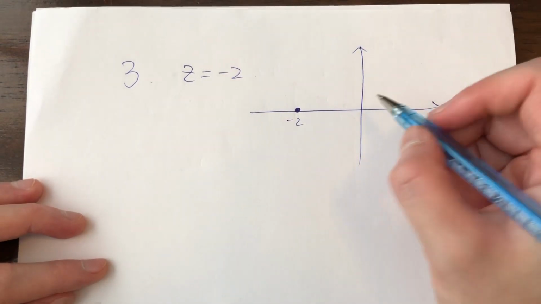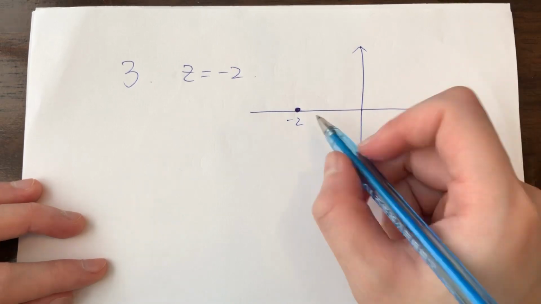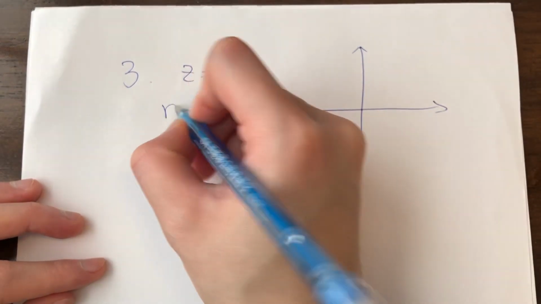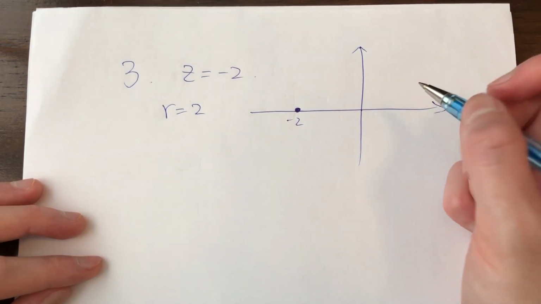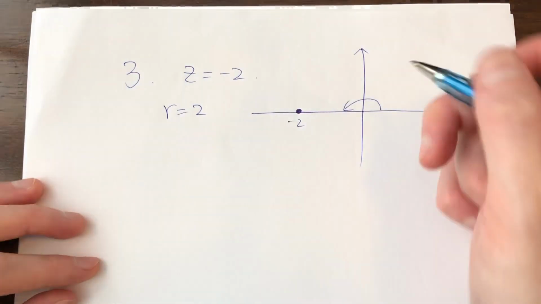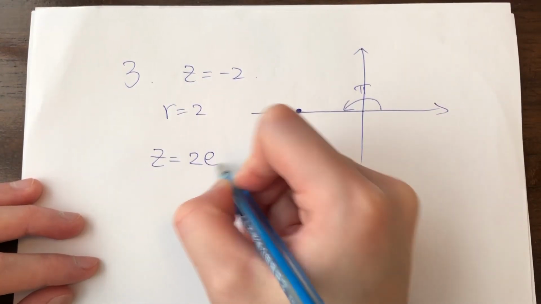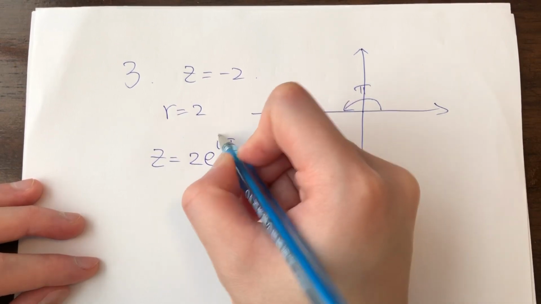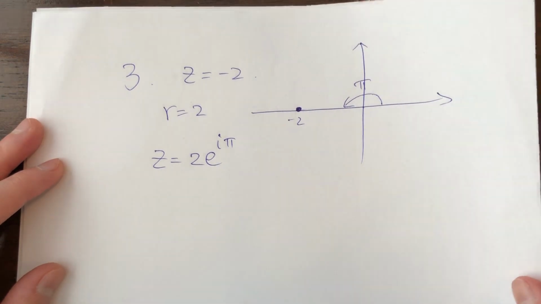So how do you describe the radius? Be careful: the radius has this geometric meaning, so the radius is +2. It's the length. And this angle in radians is just pi, which means z equals 2 times e to the i times pi. That's the polar form.